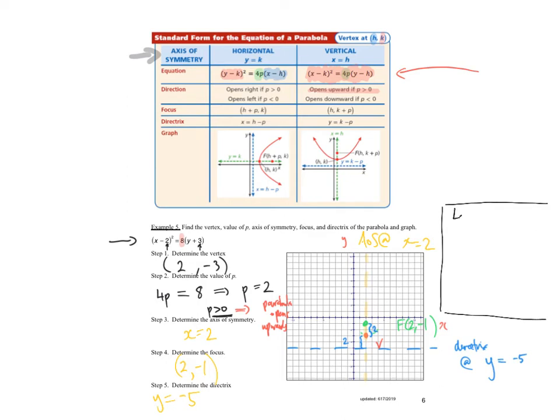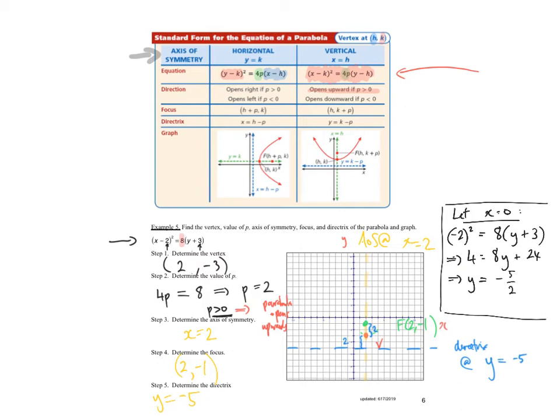So let's take, for simplicity, x to be 0. Substituting in, I get (-2) squared equals 8(y plus 3). So I get 4 equals 8y plus 24. And so y equals, if we solve, -5/2.